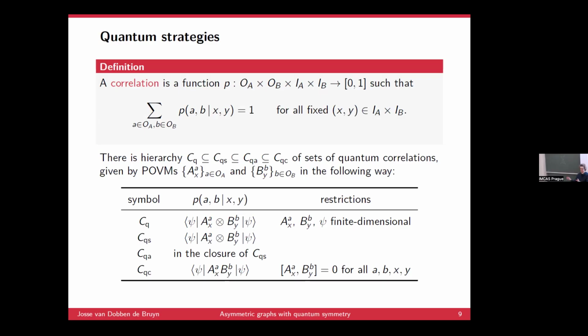Alice and Bob have their own Hilbert spaces, and Alice only uses operators on her space, and Bob only on his space. So the combined measurement is a tensor product on finite dimensional spaces. But there's also this other commuting operator model, where you don't assume that they're working on a tensor product, but they're measuring on the same Hilbert space. The assumption is that all of Alice's measurement operators commute with all of Bob's measurement operators.